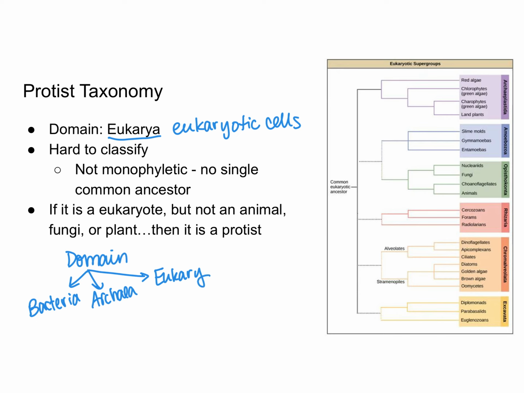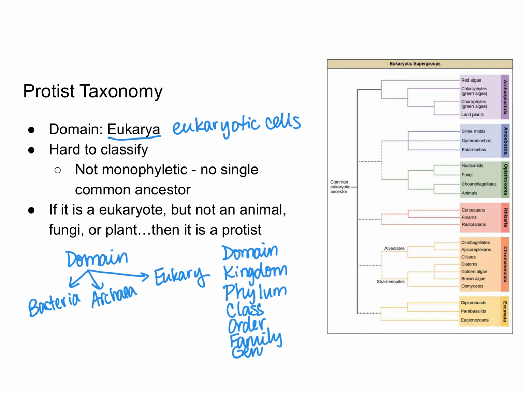If we look at a classification scheme, we can become more and more specific from domain. Domain is the broadest classification, followed by kingdom, phylum, class, order, family, genus, and finally species.